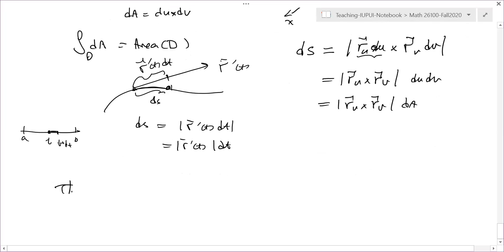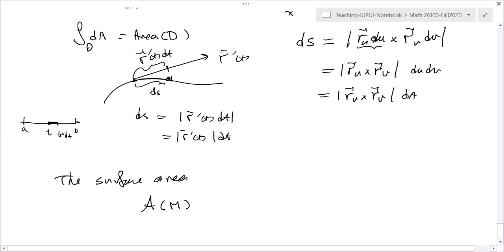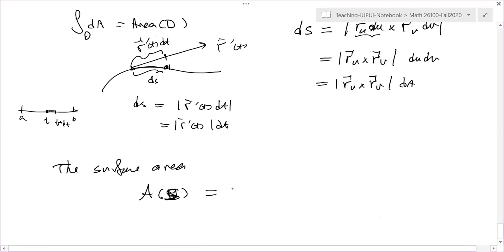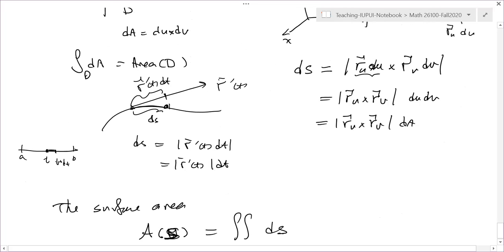Now the surface area. I call the surface M, or rather use S for surface. The surface area is the double integral over the surface S of dS, where dS is the area element. That is an integral on the surface, but you can translate it to a double integral.